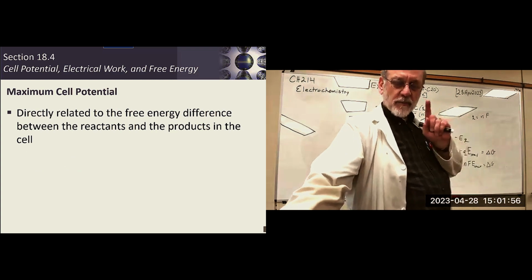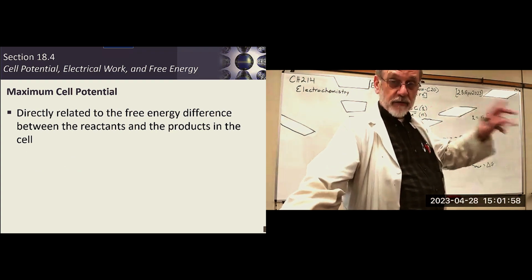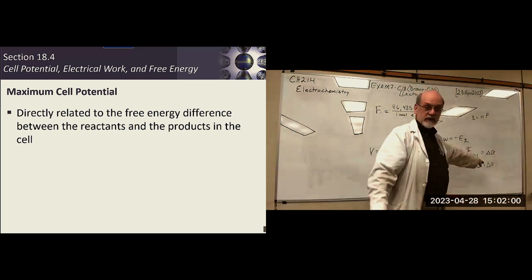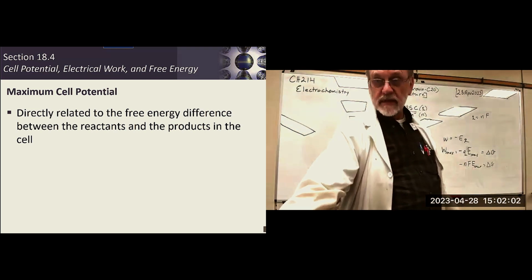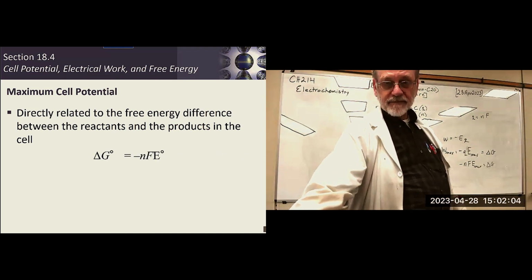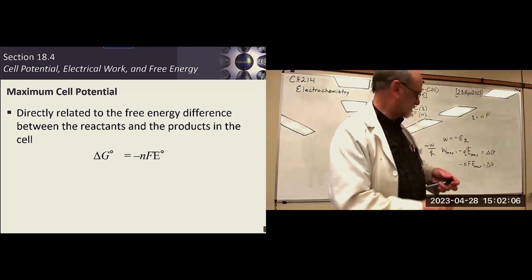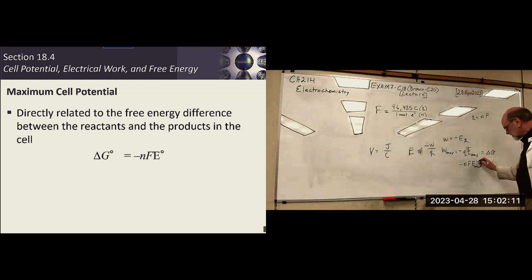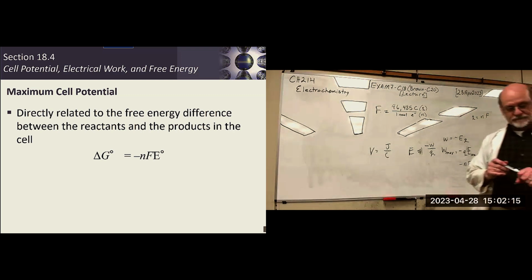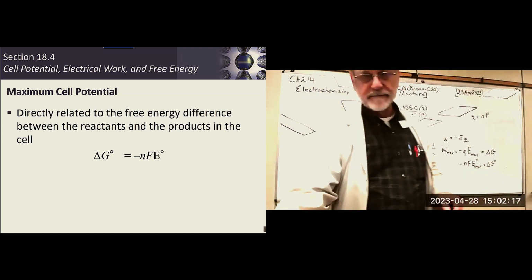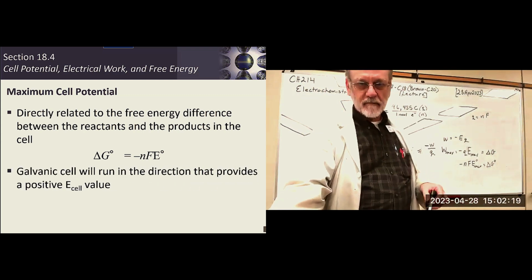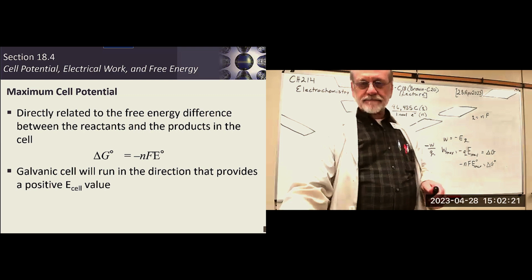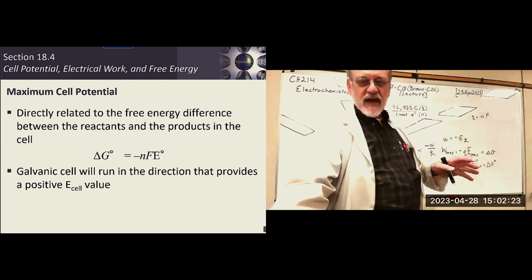So the maximum cell potential is directly related to the free energy difference between the reactants and products in that cell. And it's related by these factors, right? We want to say under standard conditions, that's true. So that just restates the obvious.